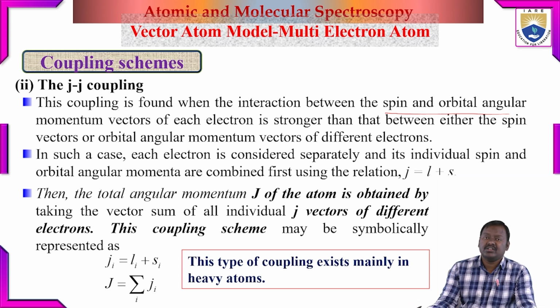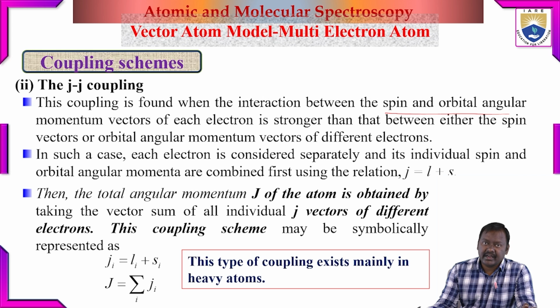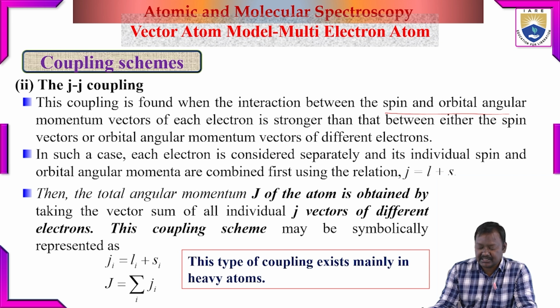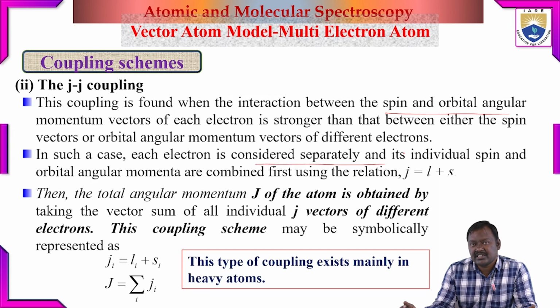So if there are more than one electron, 2, 3 or 5 electrons, JJ coupling is applied only when the individual spin and orbital angular momentum are strong enough to add up for individual electrons. In such a case, each electron is considered separately.